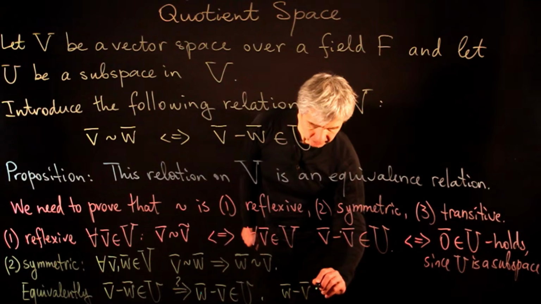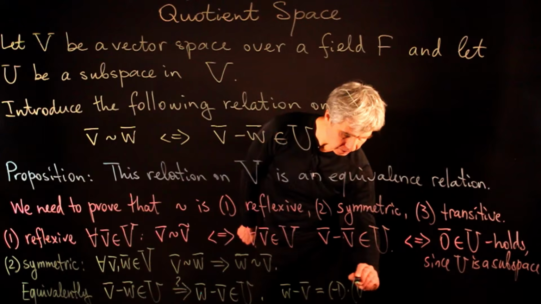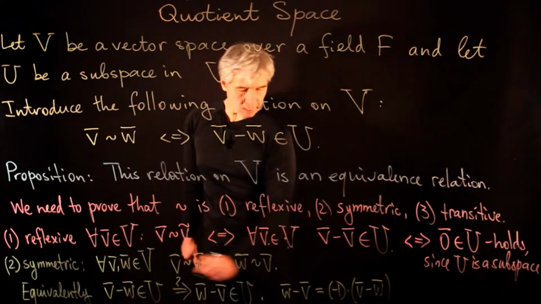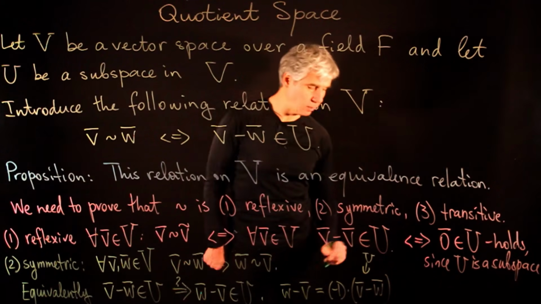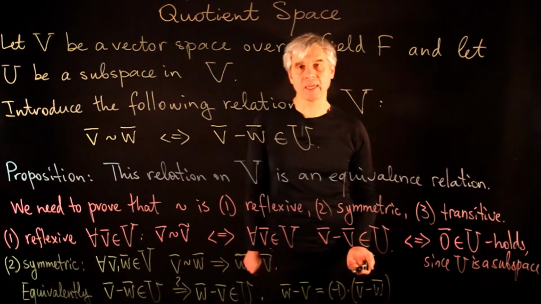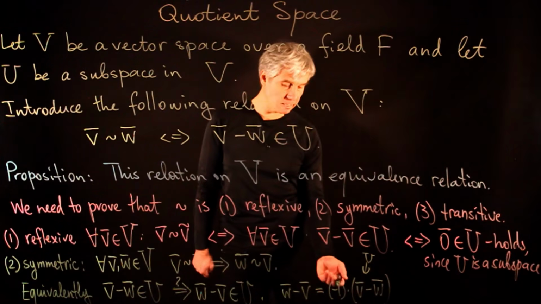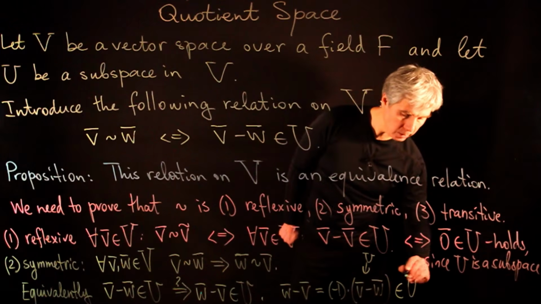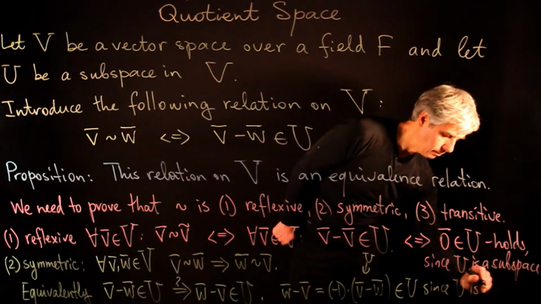So w minus v is equal to minus 1 times v minus w. And here, by our assumption, v minus w belongs to U, and U is a subspace. So if we take any vector in U and multiply it by a scalar, in particular by the scalar minus 1, the result is still in U. So this is in U, since U is a subspace.